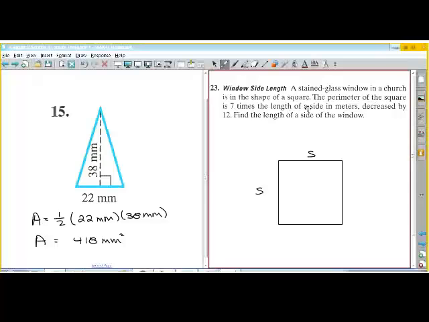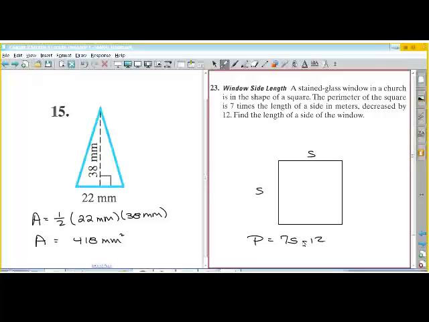And it says that the perimeter of the square is 7 times the length of a side in meters. So the perimeter is equal to 7 times the length of a side. Which seems kind of weird to me, because you would think the perimeter is 4 times the length of the side.